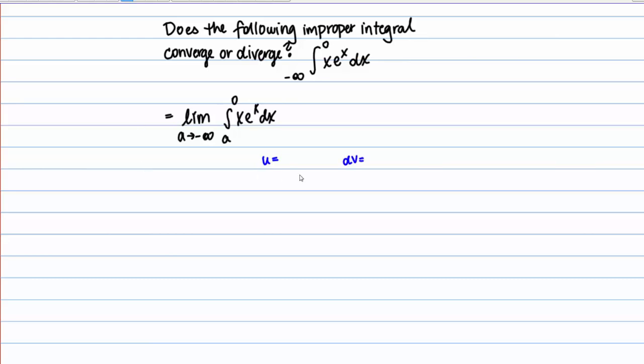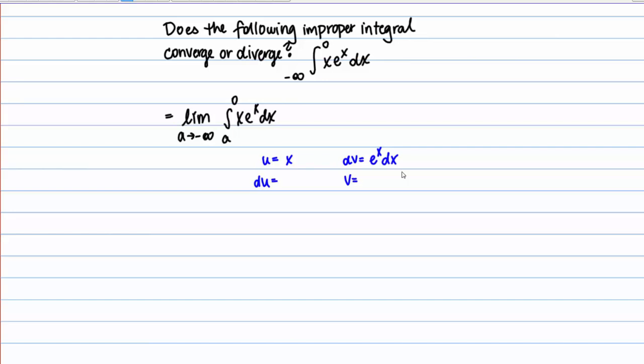Now often we're going to choose u to be some polynomial expression, so x or some power of x. So here I'm going to let u equal x, and I'm going to let dv equal e to the x dx.